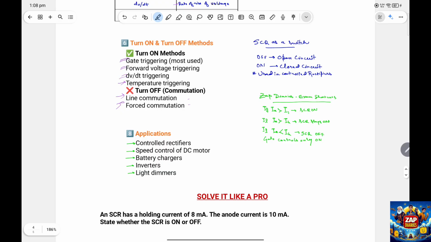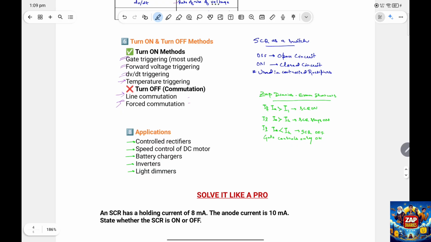So an SCR works like a switch. Off means open circuit, and on means closed circuit. If you turn on the SCR, it will close the circuit, just like a switch. If you turn it off, it opens the circuit.